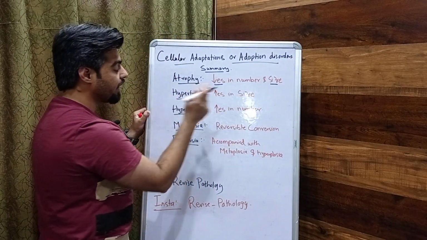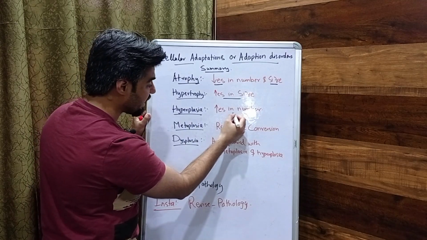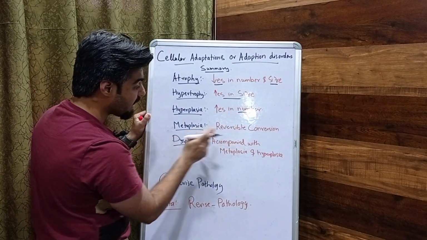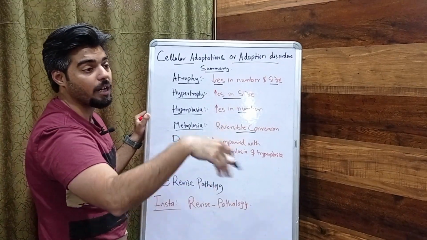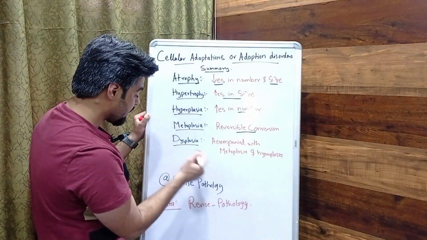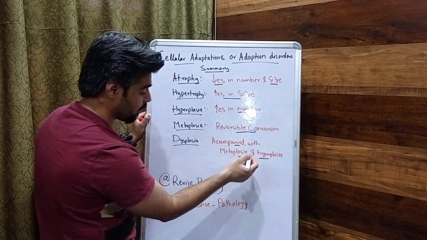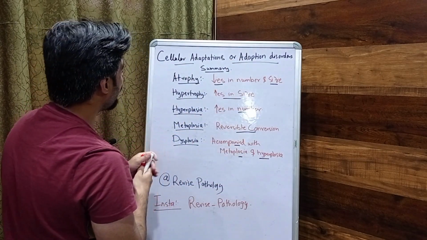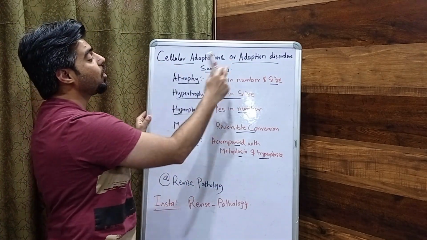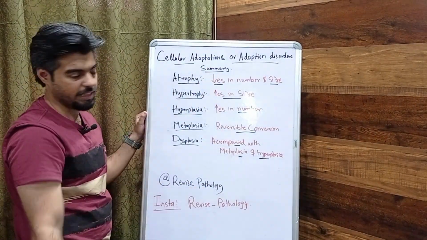Hypertrophy is increase in size. Fine. Hyperplasia is increase in number. Metaplasia is reversible conversion of one epithelium to other epithelium or any mesenchymal cell. Next, dysplasia is accompanied with metaplasia or hyperplasia. Fine. So this is the complete summary of cellular adaptations or adaptation disorders of cells.